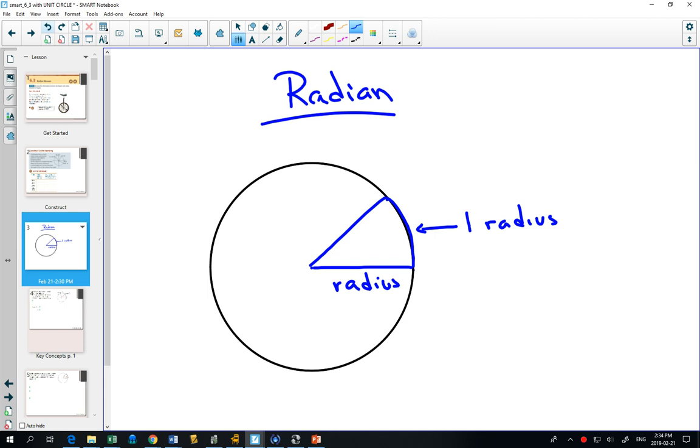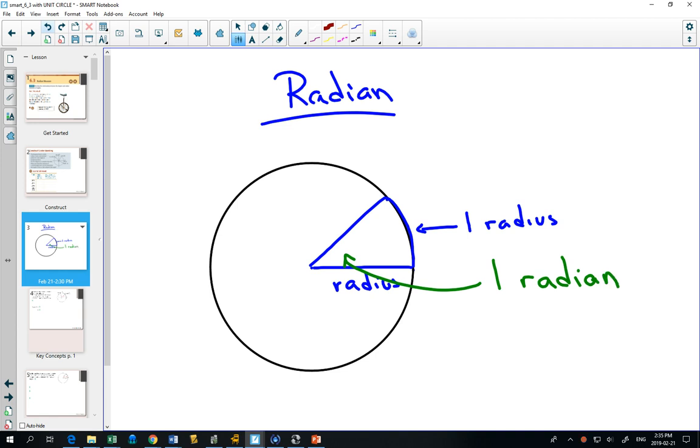And that outside edge, we've talked about it already, is called an arc length. Now, when your arc length is equal to your radius, this is the definition of what one radian is.